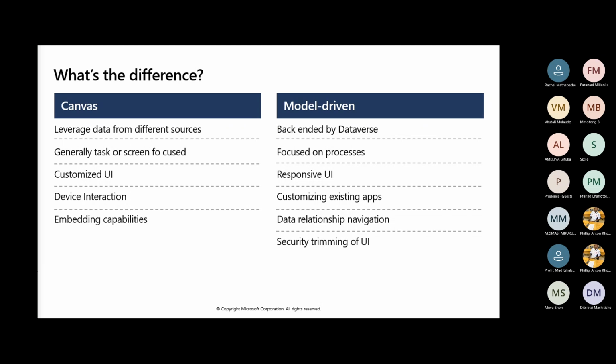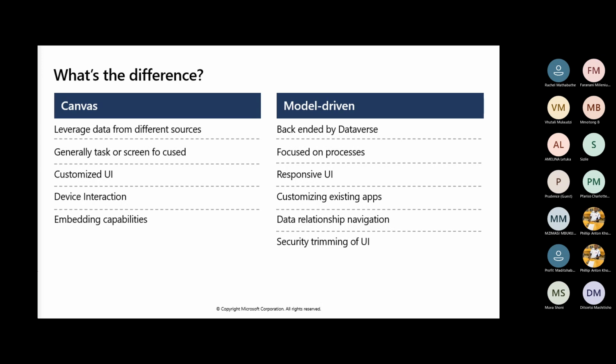But the model-driven app is more focused on processes. So let's say you are applying. The first step would be providing your personal information. The second part would be providing your educational information. The third part maybe would be providing your next of kin information. The fourth part would be maybe providing your banking details for tuition.